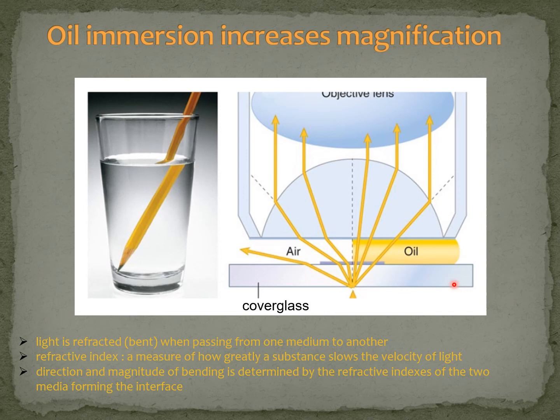And one way to solve this problem is, instead of having air between our cover slip, our sample, and the objective lens of the microscope, we can use an oil that has a refractive index similar to this glass and to this glass. So with the appropriate choice of an oil, because the refractive index of all these three layers is the same, the light will go through them without changing direction. And this would increase the quality of our image.